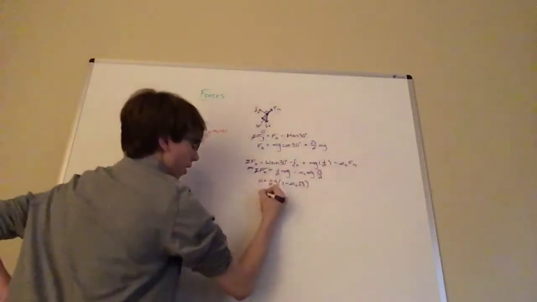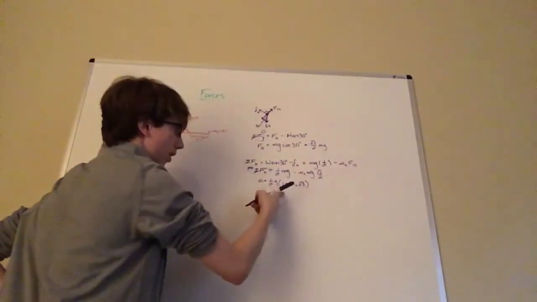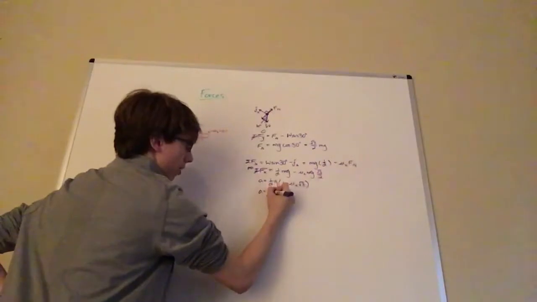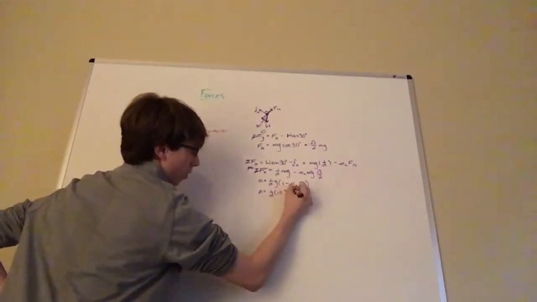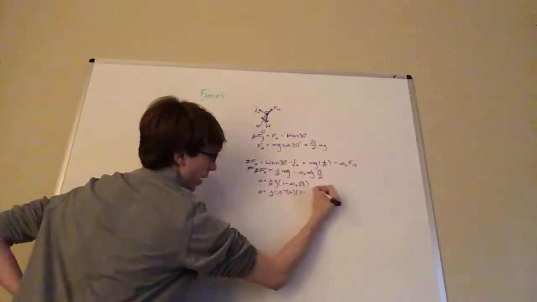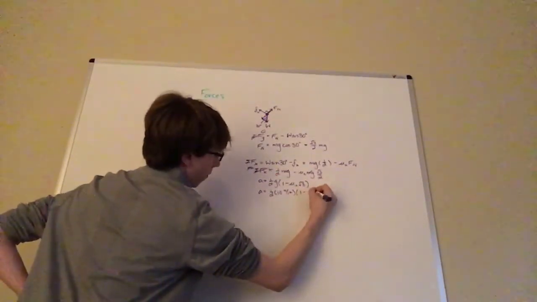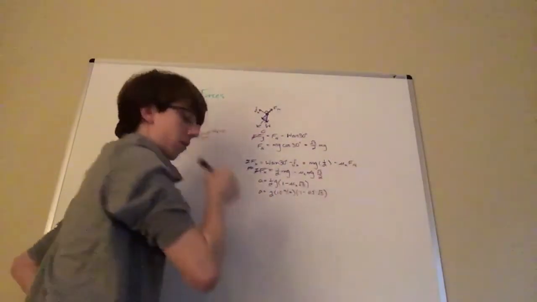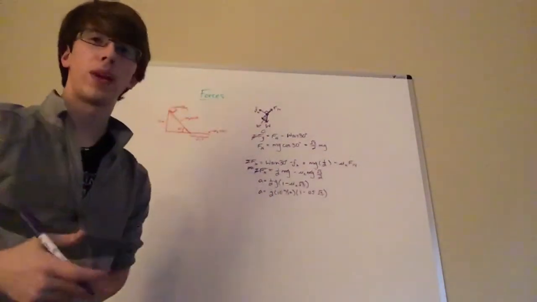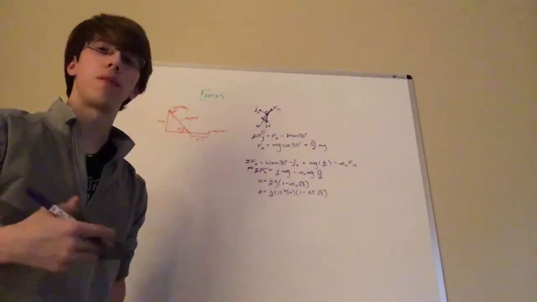So that means that our acceleration is about 1/2 times 10 meters per second squared times 1 minus 0.5 times the square root of 3, which is just the square root of 3 over 2, which is about 0.83.